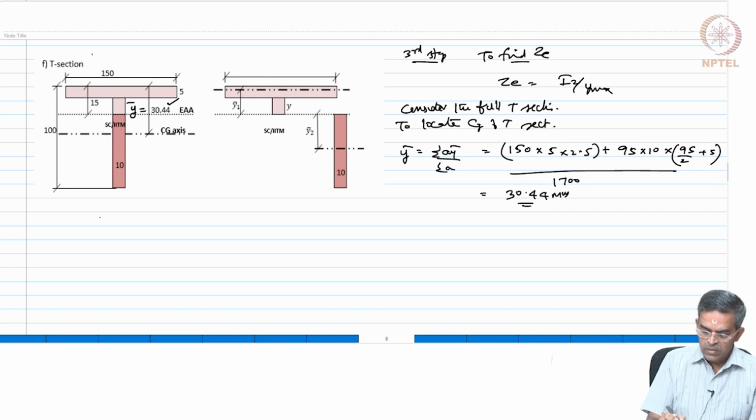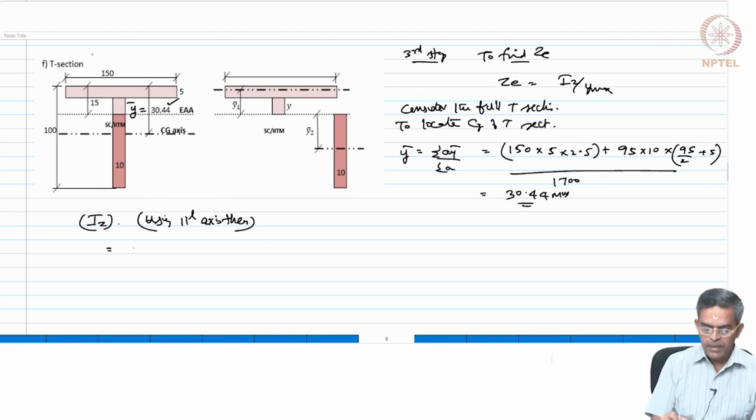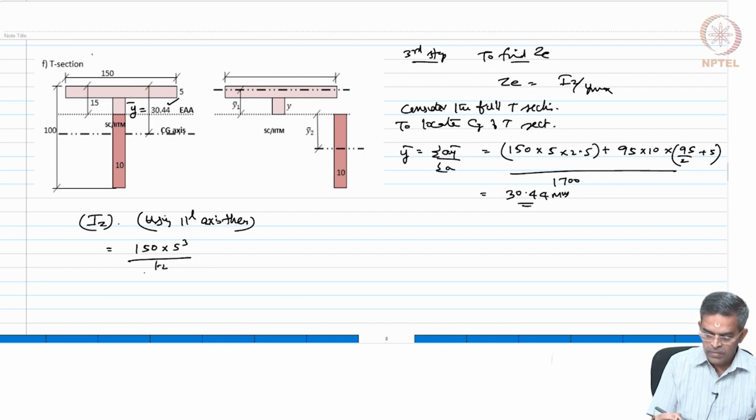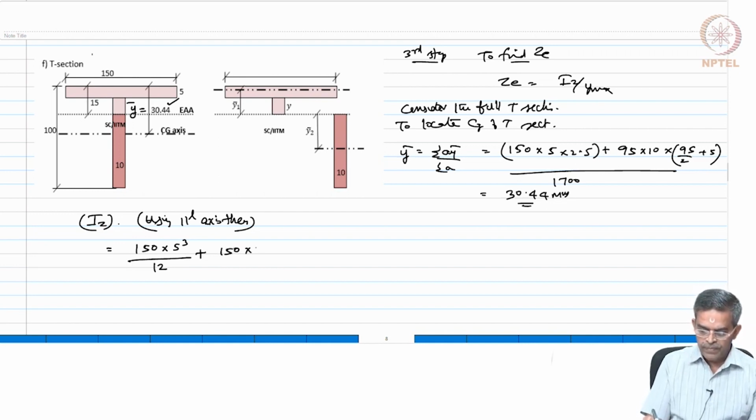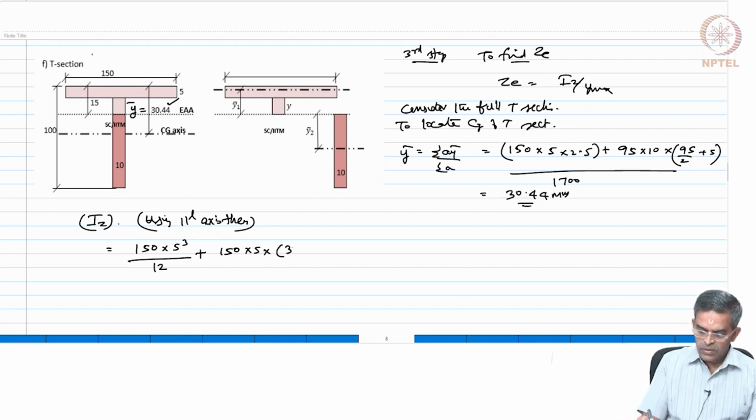So, now let us find the moment of inertia of the section about the z axis, using the parallel axis theorem. Which can be said as B d cube by 12 for the first piece plus 150 into 5 into 30.44 minus 2.5 the whole square, that is for the first piece.